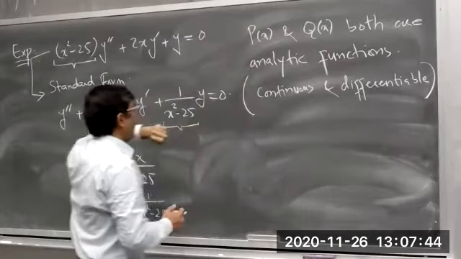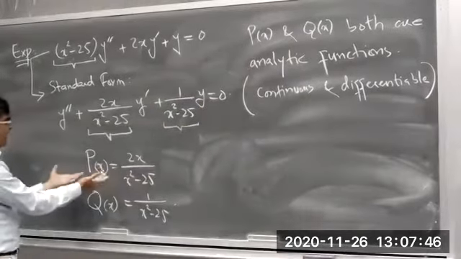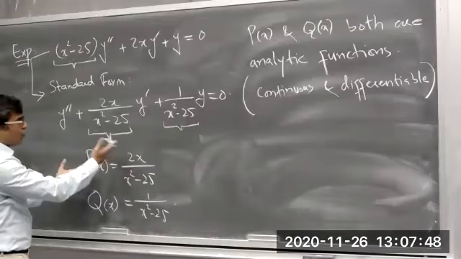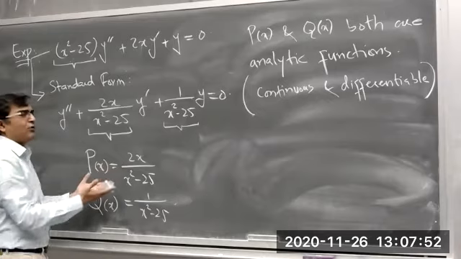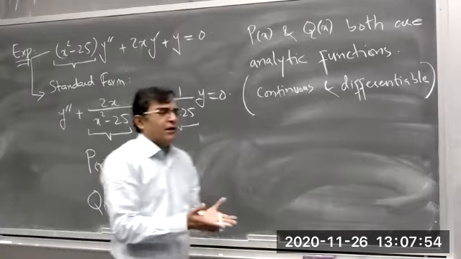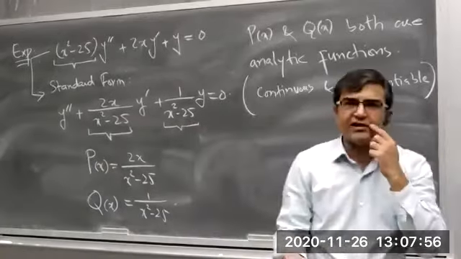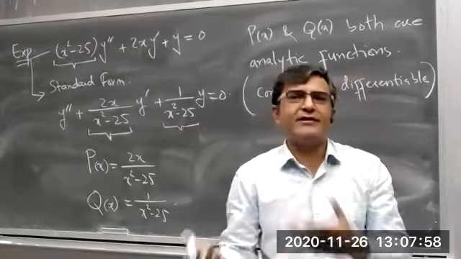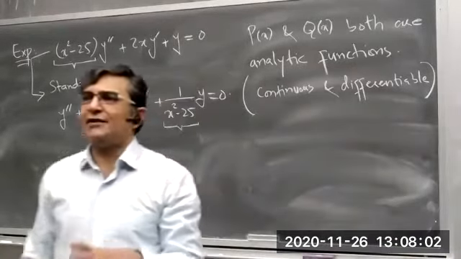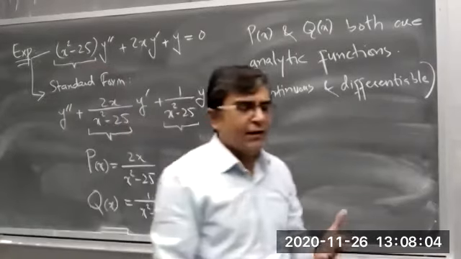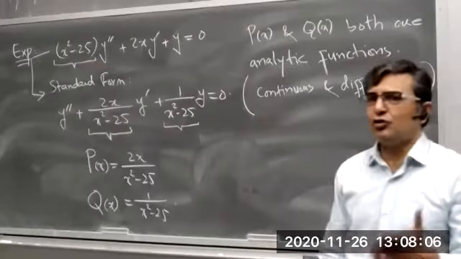So analytic means first you see whether it is continuous or not, and at which points it is not continuous. It is not continuous at plus minus 5. If the function is not continuous at certain points, you don't need to check the differentiability, because if a function is not continuous at a certain point, it will definitely not be differentiable at those points.